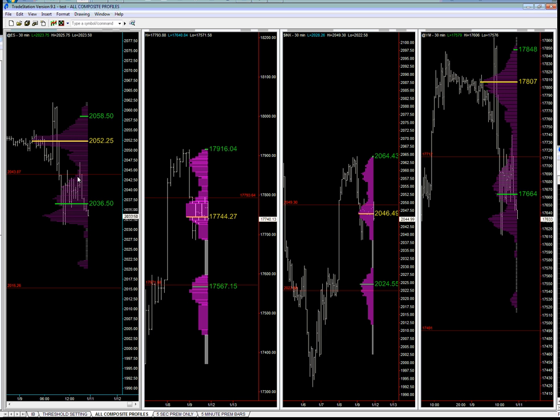So when you compare the same idea to the other markets, you see the same thing happening on the Dow. The Dow is moving up into less and less and less of an area of supportive buying. Same is true on the INX.